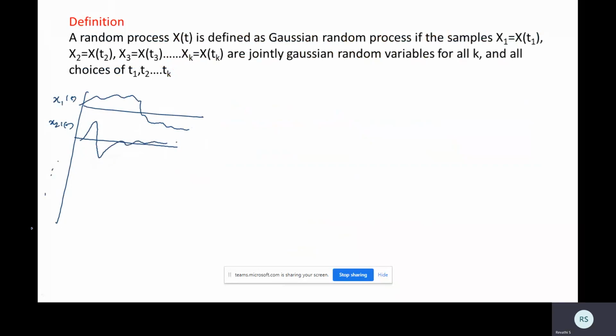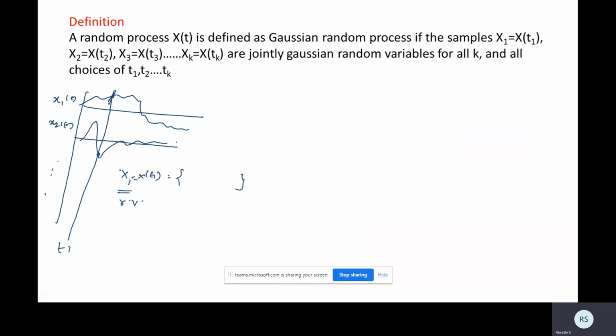Whenever you concentrate on only one specific time instant, say t1, you get one point from every sample. If you organize all these points, you call it x1, which is nothing but x of t1. You get a set of values, which you call a random variable. If you take another time point t2, you call it x2, another random variable.